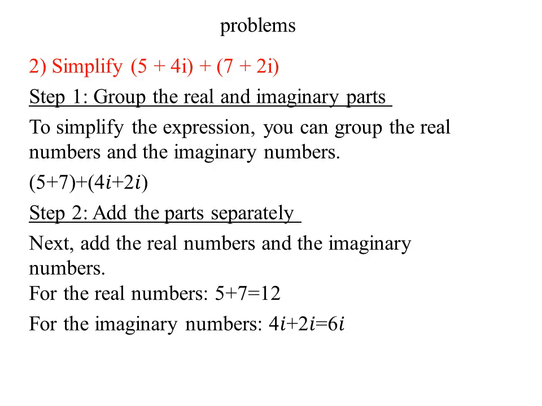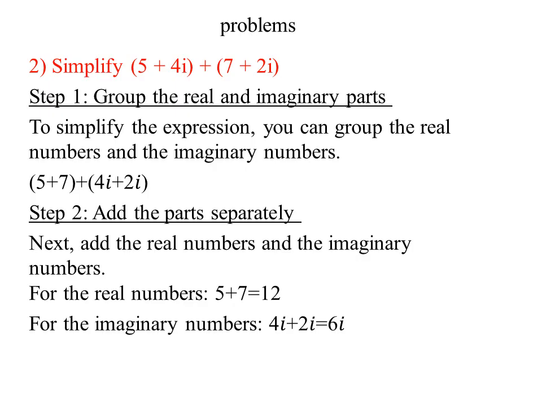Here in this expression, first we have to know about the real and imaginary parts. In this problem, 5 and 7 are real parts. 4i and 2i are imaginary parts.